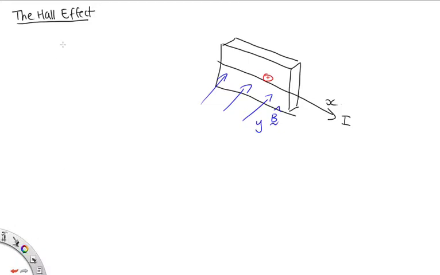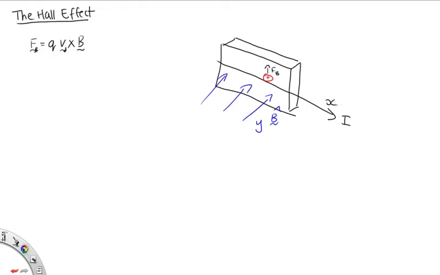Well, we know that F is equal to QV cross B. And as it's flowing in a current, it'll have some drift velocity in the direction of the current. So you can see it's going to feel a magnetic force. In this case, using the right hand rule, that magnetic force will be up.